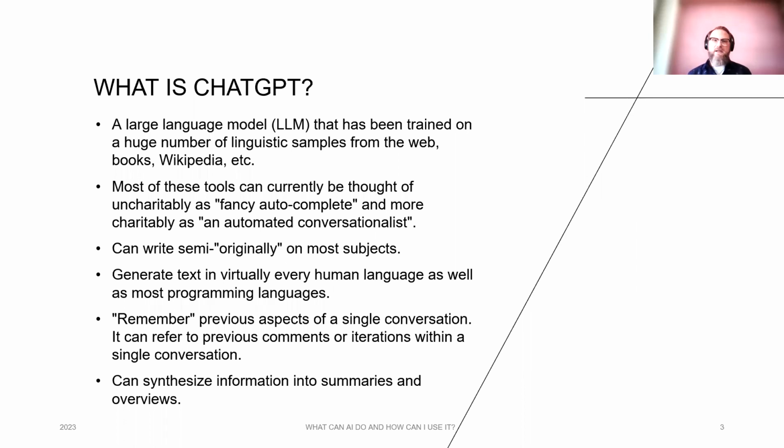Most of these tools currently can be thought of, uncharitably, as just fancy autocomplete. Like when you're writing an email and it suggests how to finish the sentence and you can hit tab and it just finishes the sentence for you. It's like that, but a lot more in there. More charitably, you can think of it as an automated conversationalist.